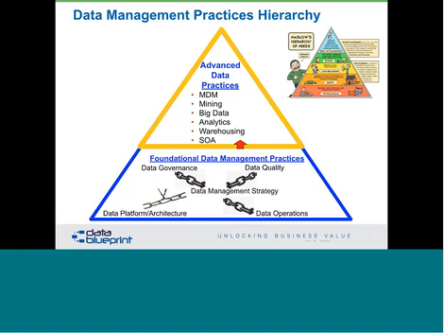So in this example that I'm showing you here, the data management platform and architecture capabilities are not at the same level of strength as the others. And while you can continue to invest in data governance, data quality, data management strategy, and data operations, it makes more sense for this particular organization to invest in data management platform and architecture, because that is the weak link in the chain that they have, and the entire foundation is only as strong as the weakest link.